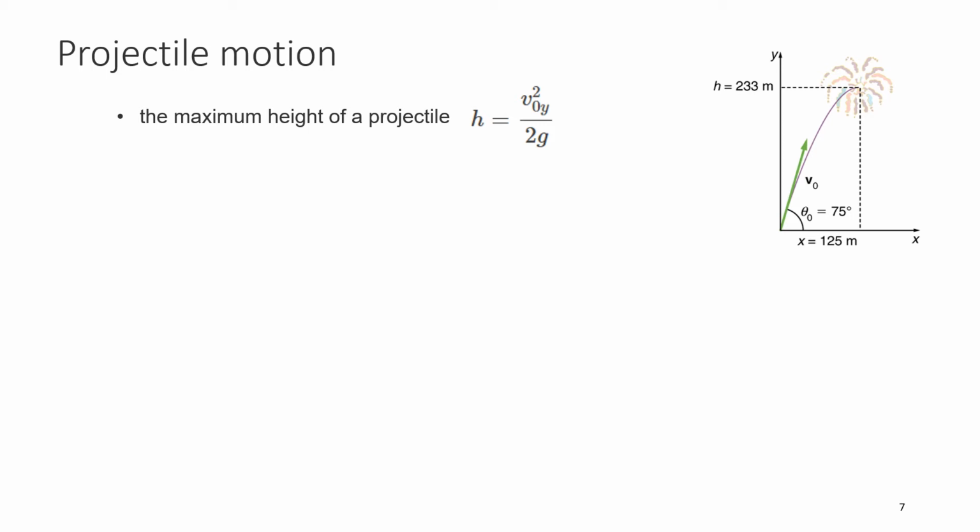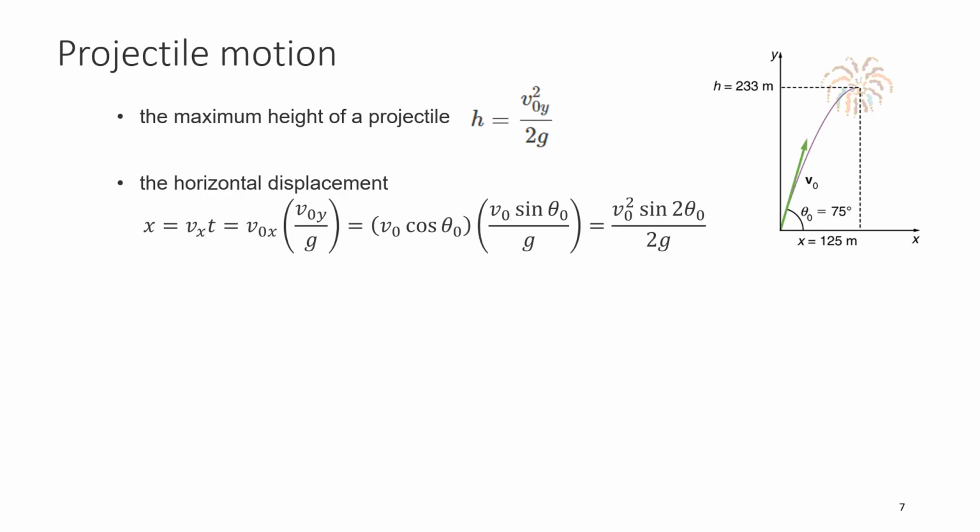We also see the horizontal displacement between the launch and the highest point is x equals Vx t equals V0 squared sine 2 theta0 over 2g.